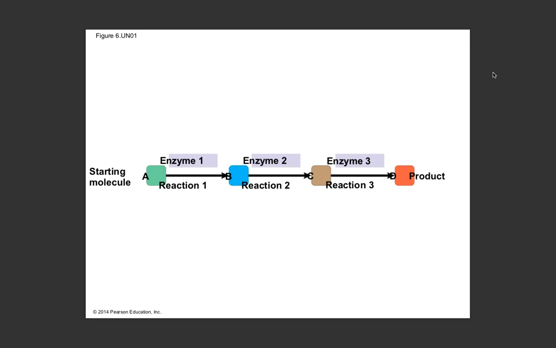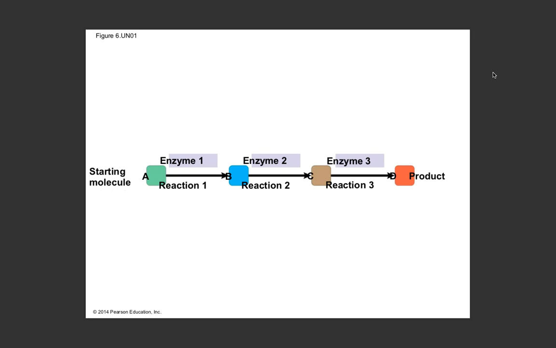So if you have enzyme 2 that does not work, can you ever make product D? No, because you're still going to have enzyme 1 functioning correctly, right? So you have A turning into B repeatedly, but B cannot turn into C. So you cannot make product C because enzyme 2 is not working.